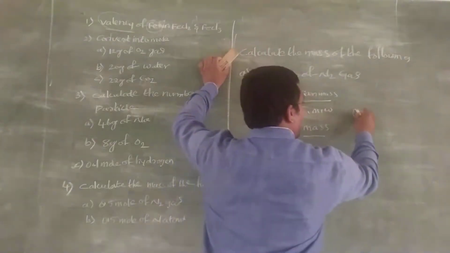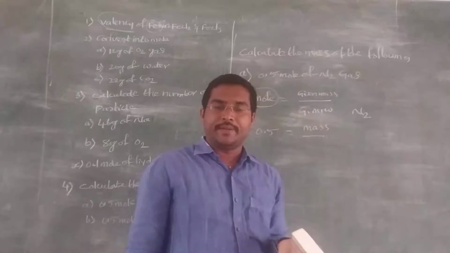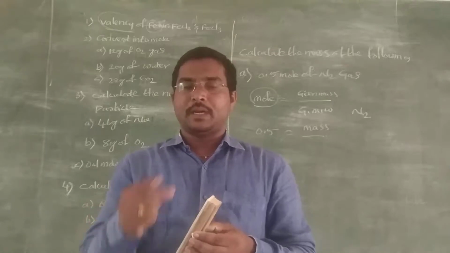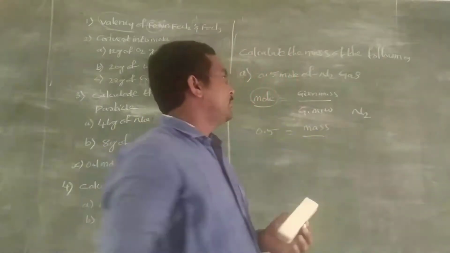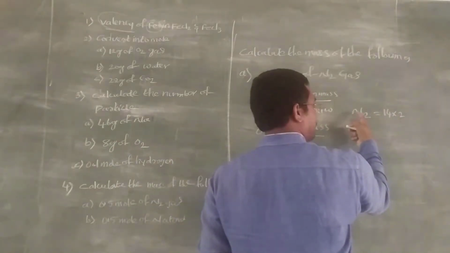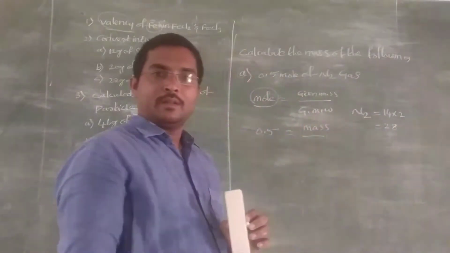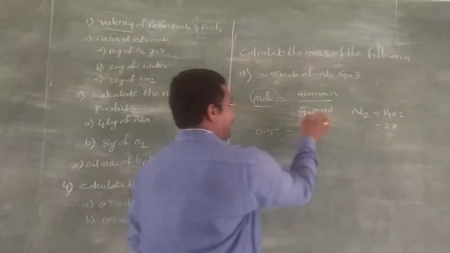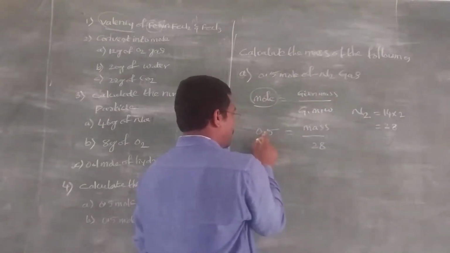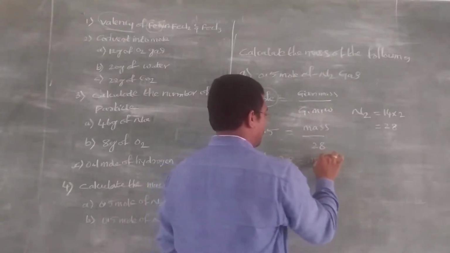So find the molecular mass of N2. The atomic number of nitrogen is 7, the atomic mass is 14. So 14 into 2, since the number of nitrogen atoms is 2, is equal to 28. So the gram molecular weight is 28. Rearranging, 0.5 written as 1 by 2 into 28 is equal to mass.